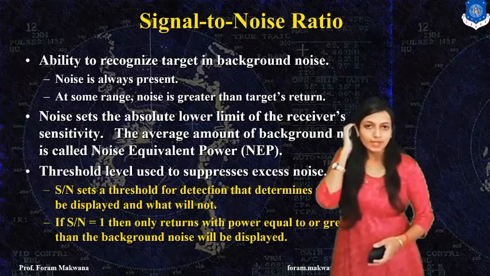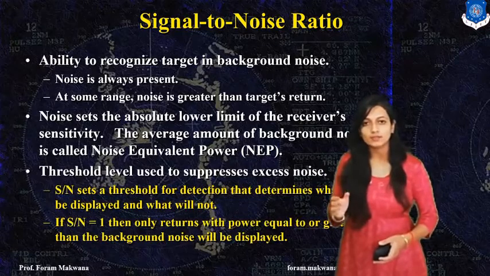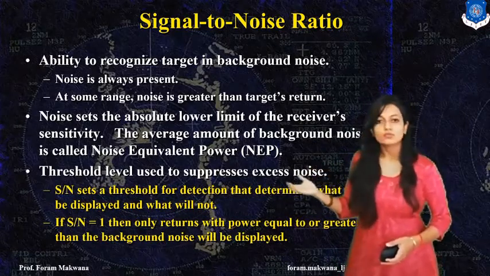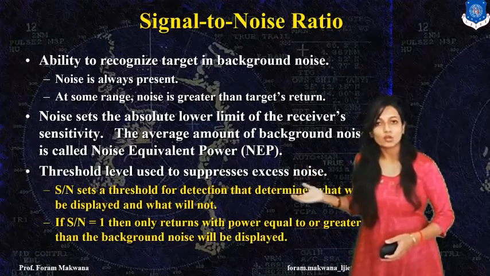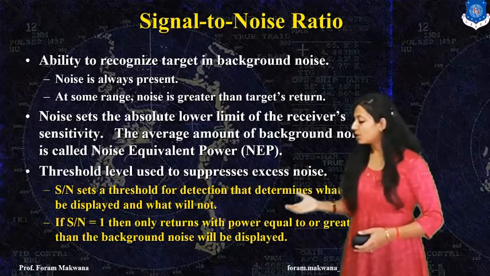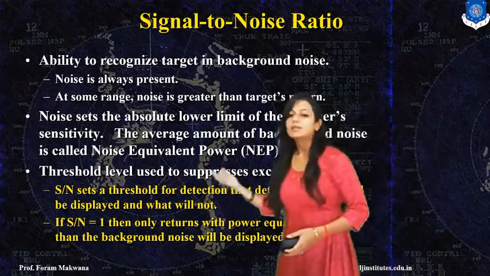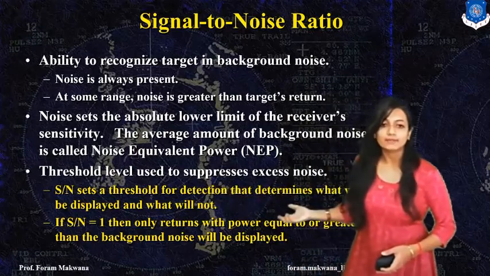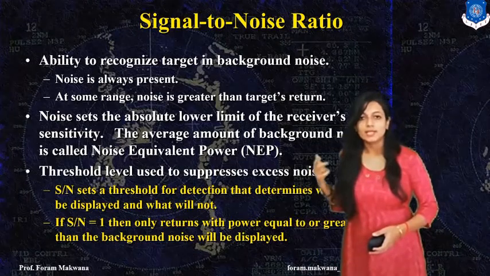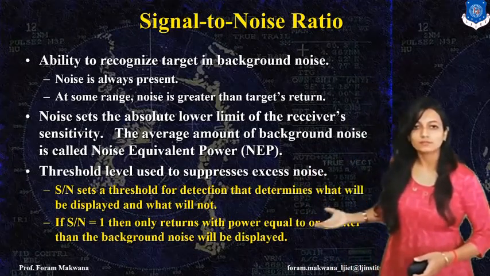For that, we need to understand what a threshold level is. The threshold level is used to suppress excess noise, because a signal to noise ratio sets a threshold for detection of a target. It determines whether a target is present or not.